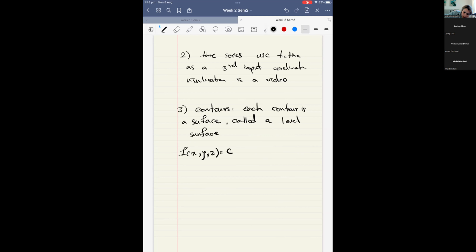And you have the other way to show the 3D. You can show the slices, you can show it with the contour, or the third variable would be time. For example, f of x, y, and z equal to x squared plus y squared plus z squared.